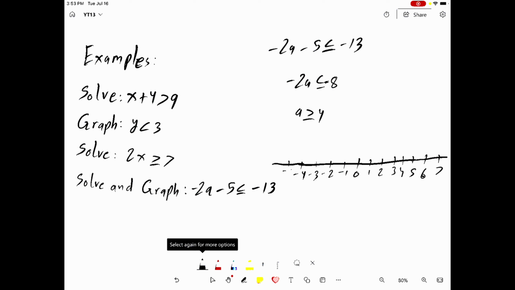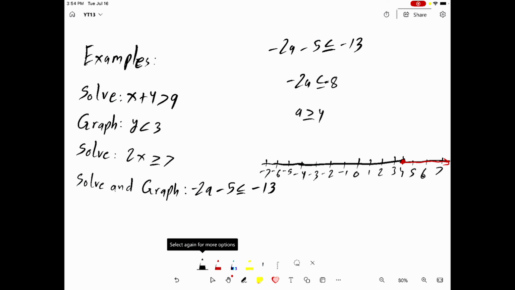We're going to start with a closed point this time because it's greater than or equal to, and then draw the thickened line to the right. In case you can't see that, I'm actually going to draw it for you in red. The point's going to be red, and then here's the line: 4, 5, 6, 7, and onwards.